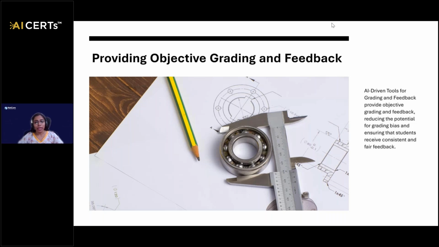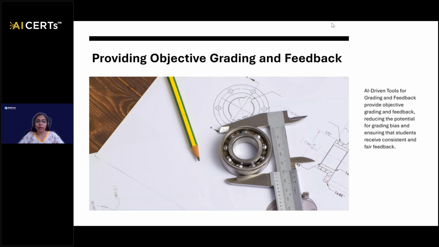But here, AI will figure out the strengths and the weaknesses, work on the gaps, and give you, as an educator, some script, I would say, which will help you know where you need to start and how you can help your students understand their strengths and weaknesses, and that too in a particular time frame. So that is the major impact of AI driven tools for grading and feedback.